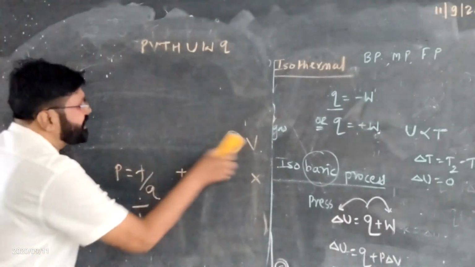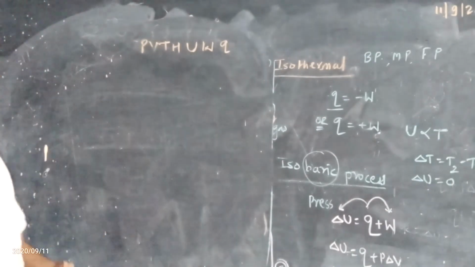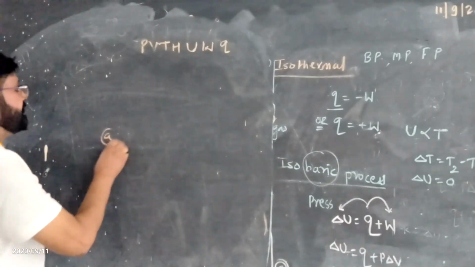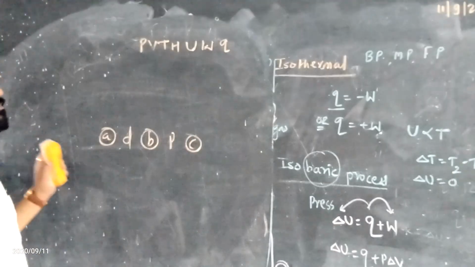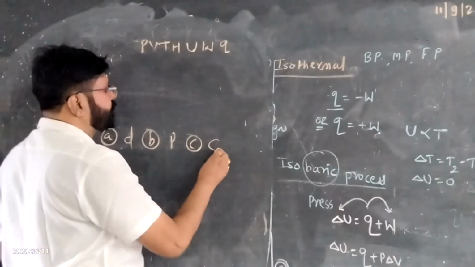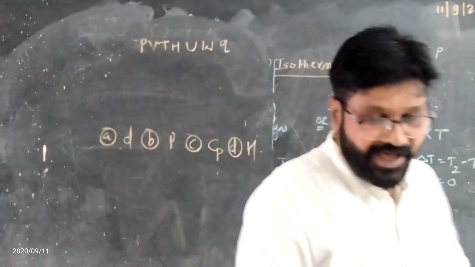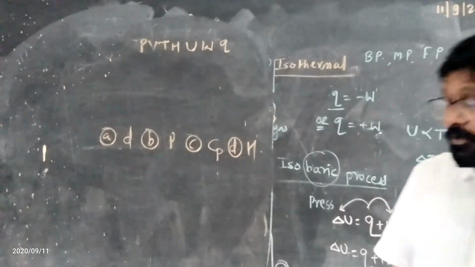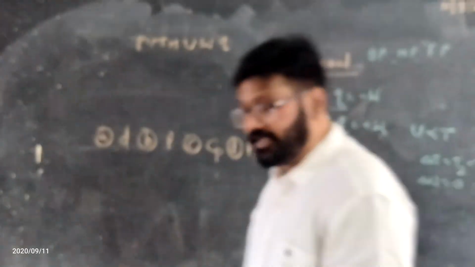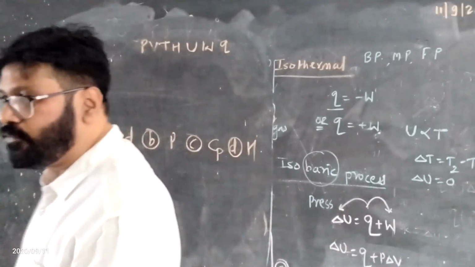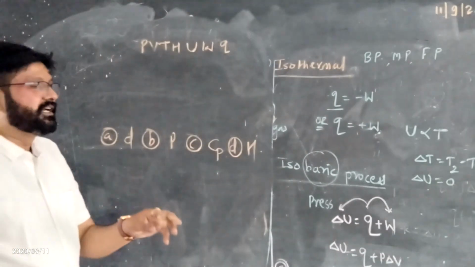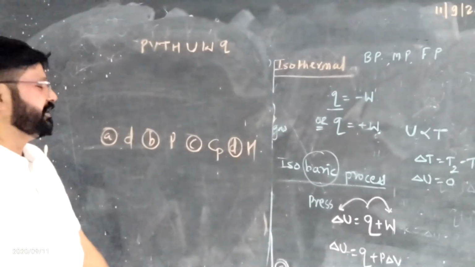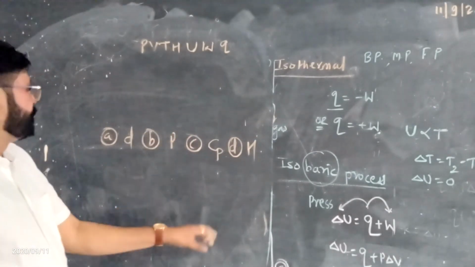Now consider another set: A density, B pressure, C molar heat capacity at constant pressure, and D enthalpy. An MCQ may arise, which of the following thermodynamic or physical properties of the system is an extensive property?